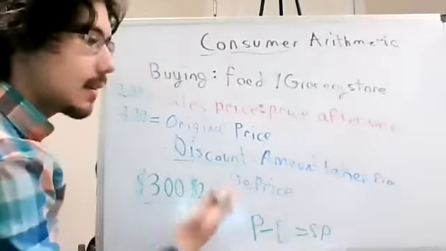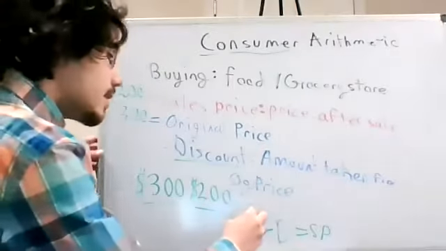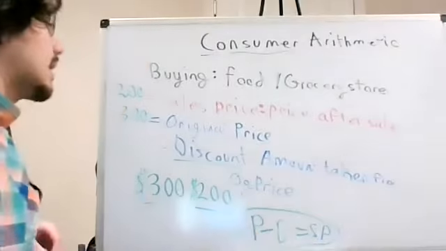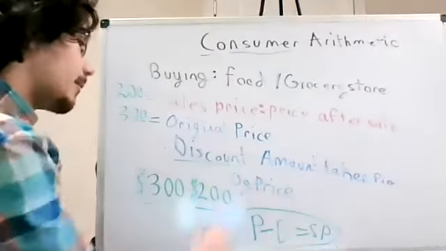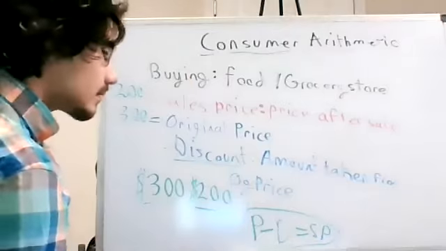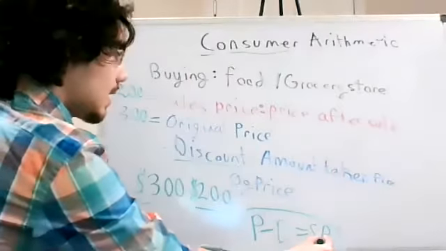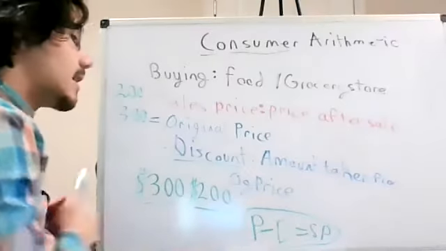So that is what we did in the last example to find the sales price. So we can use this equation to apply to examples like this one, where in this case, we want to find the discount. So we have the sales price, which is here, and we have the original price, which is here. So how do we find the discount?